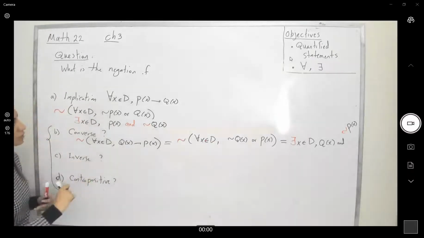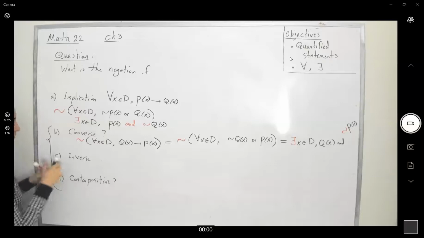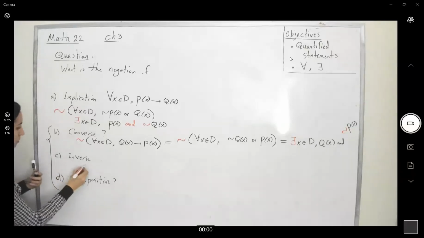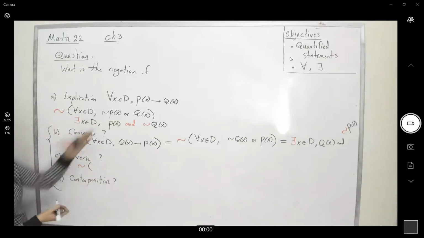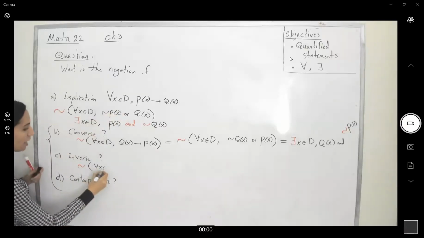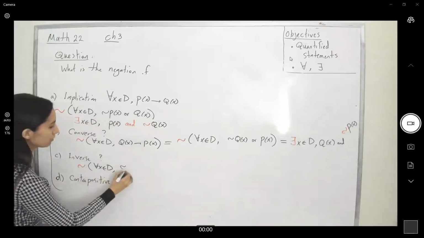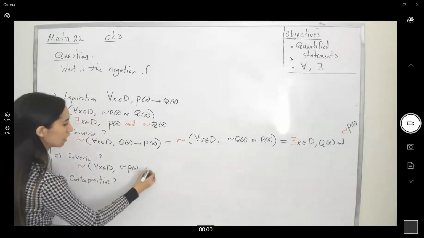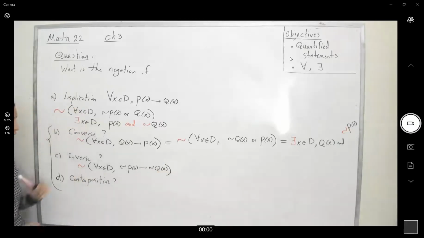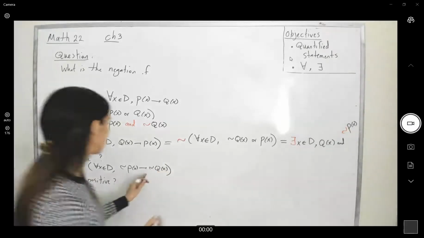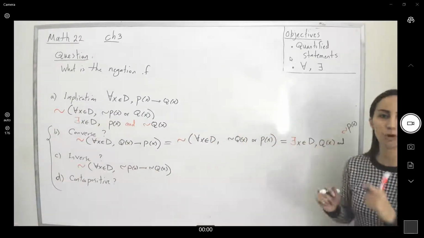Inverse. So the inverse of the conditional statement is, in parentheses, we can write it as for all x in D, not Px, then not Qx. Again, to find the negation, we have to convert implication into OR, then use De Morgan's law.